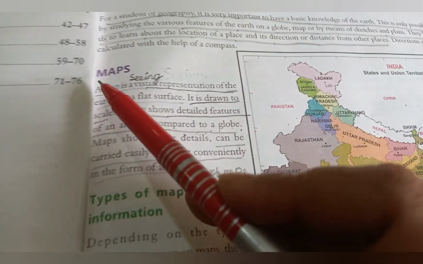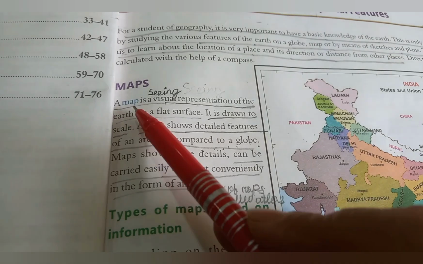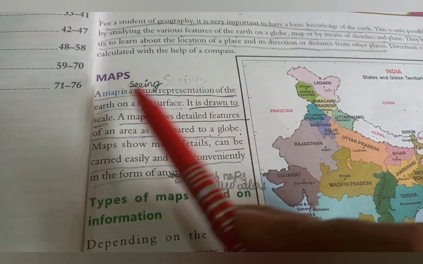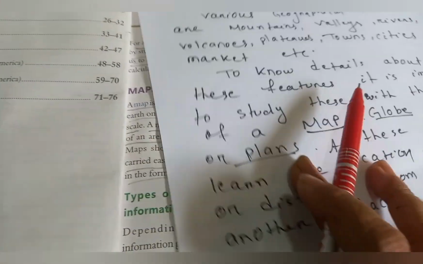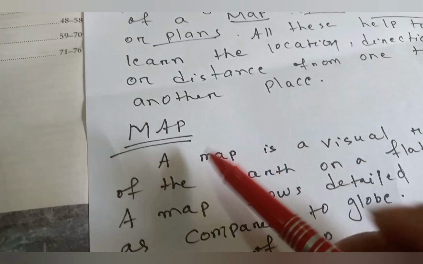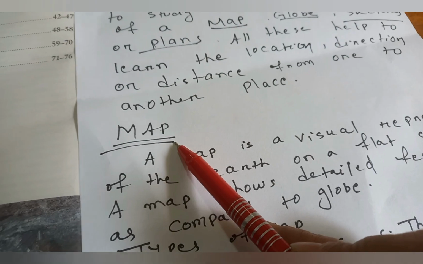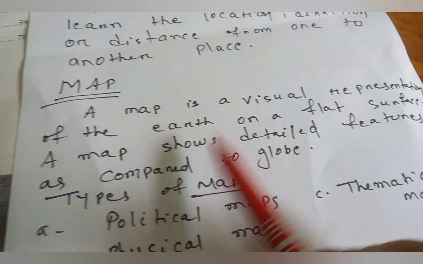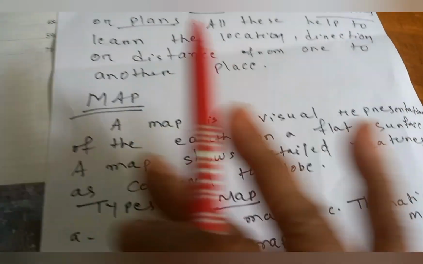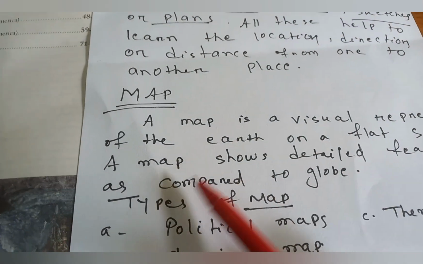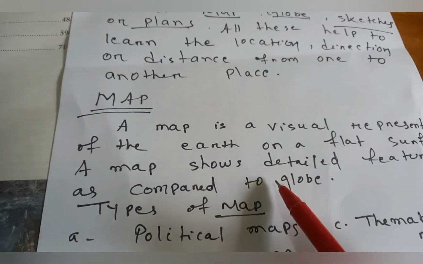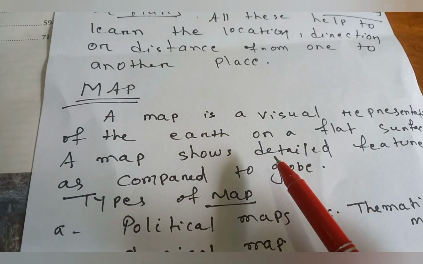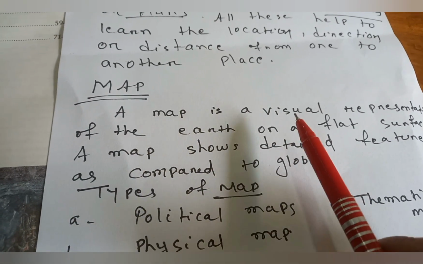Let's come to maps. A map is a visual representation of the earth on a flat surface, or on a paper. A map shows detailed features as compared to a globe, because a globe is spherical and it cannot give detailed information.